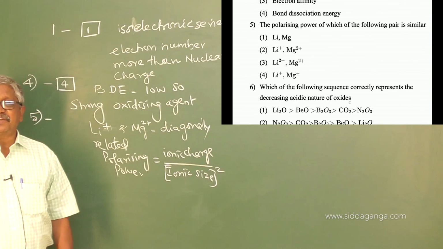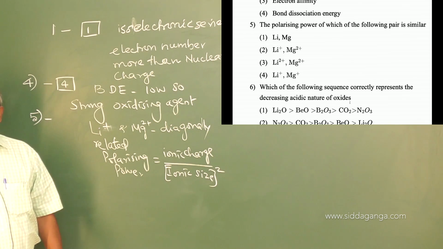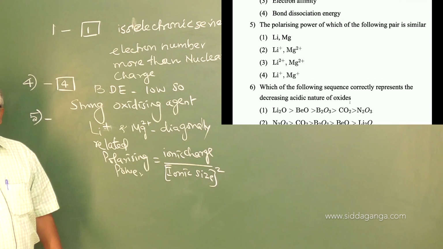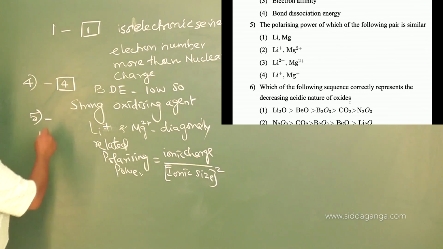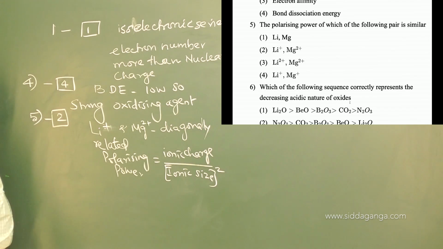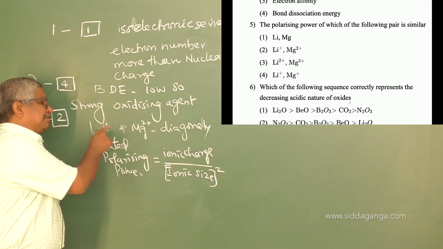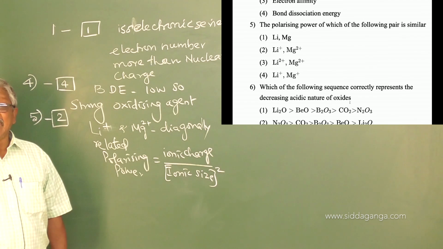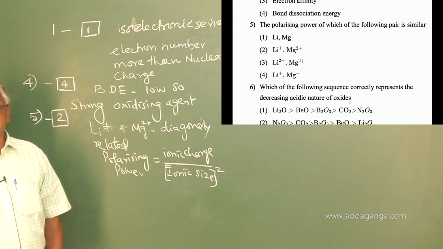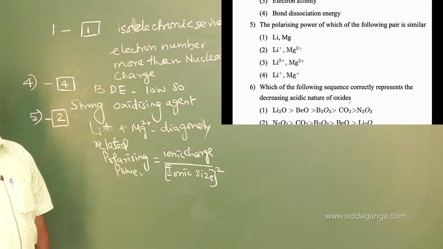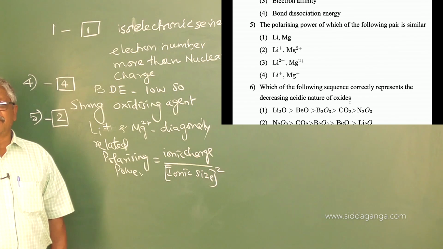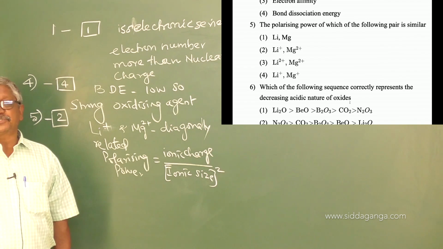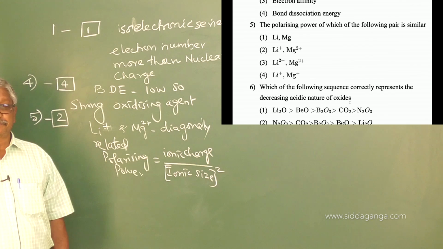So polarizing power wise, if we are identifying the pair, it is option 2, lithium plus and magnesium 2 plus. So option 2 is the right answer because lithium plus and magnesium have a diagonal relationship in polarizing power. The polarizing power value for these two is almost similar. Because of that, option 2 is the right answer for the fifth question.